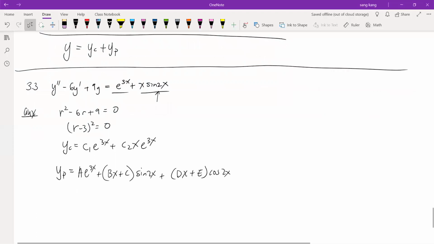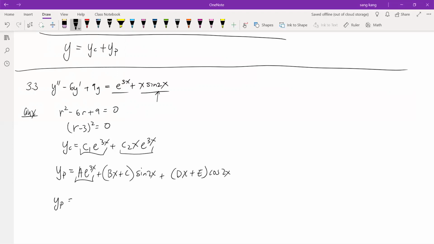And let's make sure. Now we have a e to the 3x that matches with this one. But if we simply multiply that term by x, it's going to match this one. So this is the case where you have to multiply by x squared.